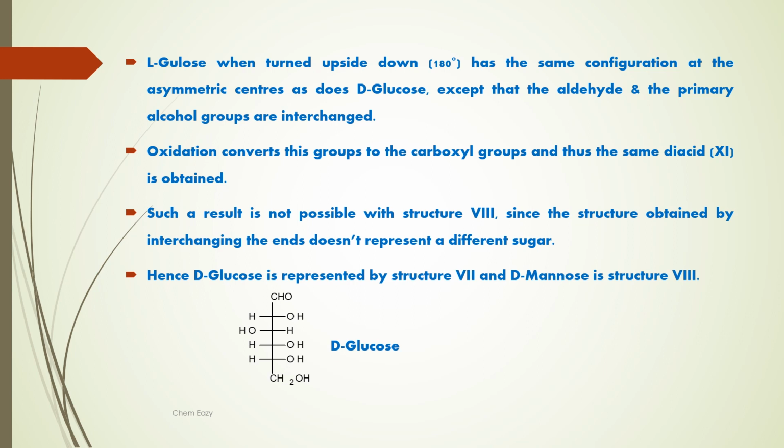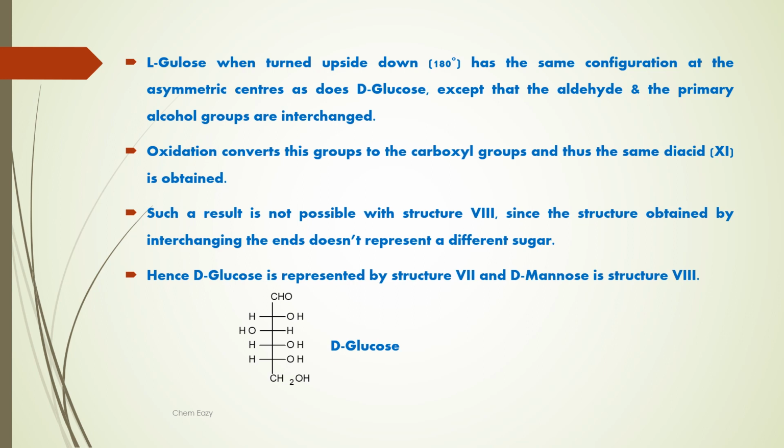L-gulose, when turned upside down, that is when rotated at 180 degrees, has the same configuration at the asymmetric centers as D-glucose, except that the aldehyde and the primary alcohol groups are interchanged. This oxidation converts the aldehyde and primary alcohol group to carboxyl groups, and thus the same diacid structure 11 is obtained.